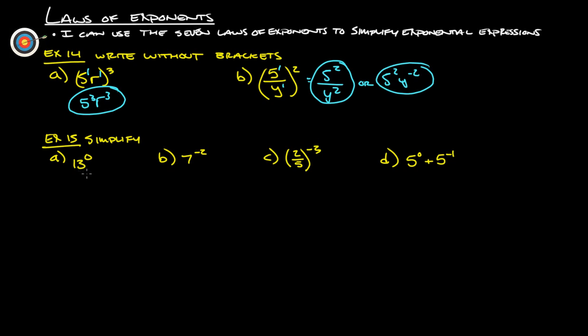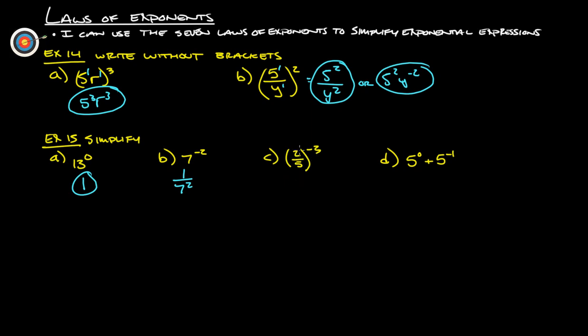Okay. 13 to the 0 power. Remember, anything to the 0 power, 1. Okay. 7 to the negative second is 1 over 7 squared. I don't know if that's really simpler or not, but we're rewriting it so it doesn't have a negative exponent. So we'll go with that for now. 2 over 5 to the negative third.